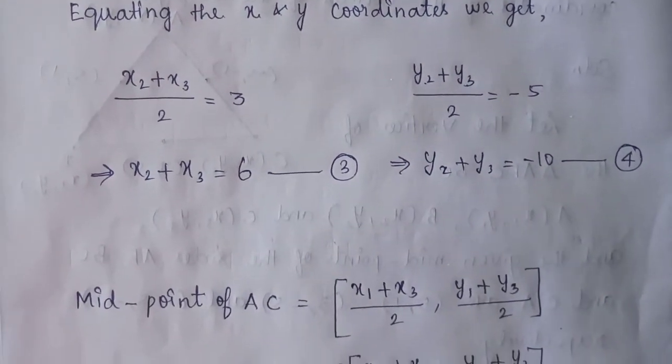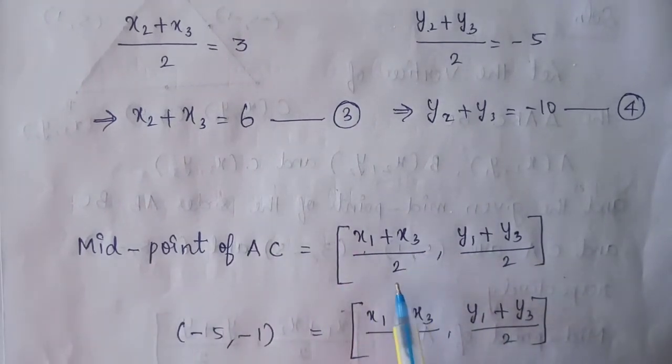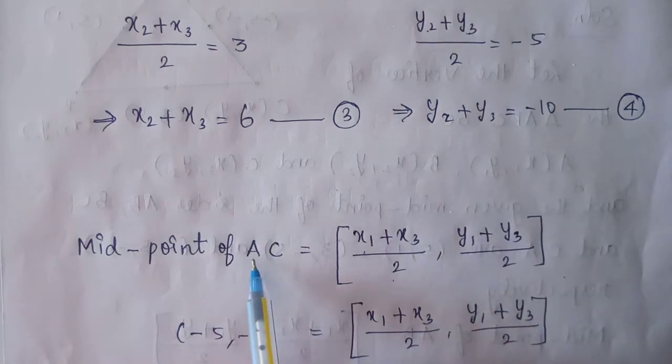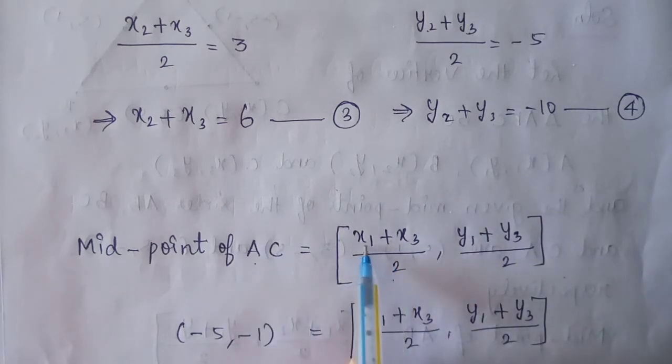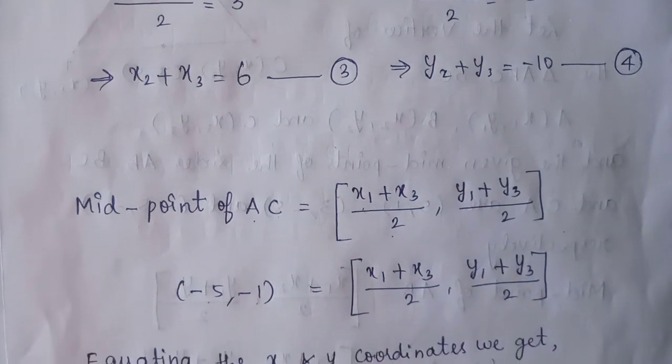Then the midpoint of AC is equal to ((x1 plus x3) by 2, (y1 plus y3) by 2), because the A coordinate is (x1, y1) and the C coordinate is (x3, y3). The midpoint of AC is given in the question as (-5, -1), which is equal to ((x1 plus x3) by 2, (y1 plus y3) by 2).